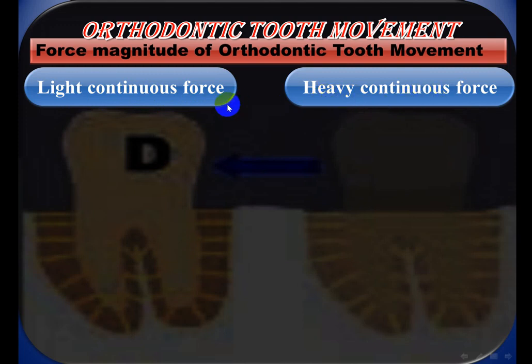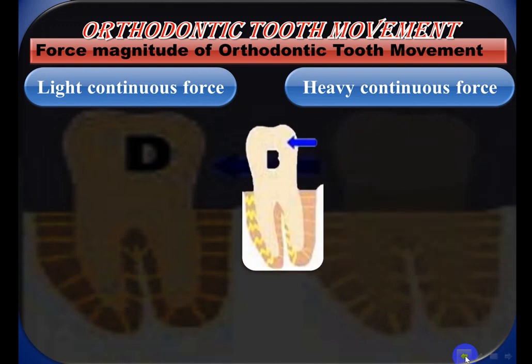So let us see what physiological response will occur in the tooth and its supporting structure if we apply a light continuous force. When we apply a light continuous force prolongedly to the tooth, as we mentioned in the previous lecture, there will be a compressed or pressure side on the side toward which the tooth will be moved, and on the other side there will be a tension side, according to the pressure-tension theory.